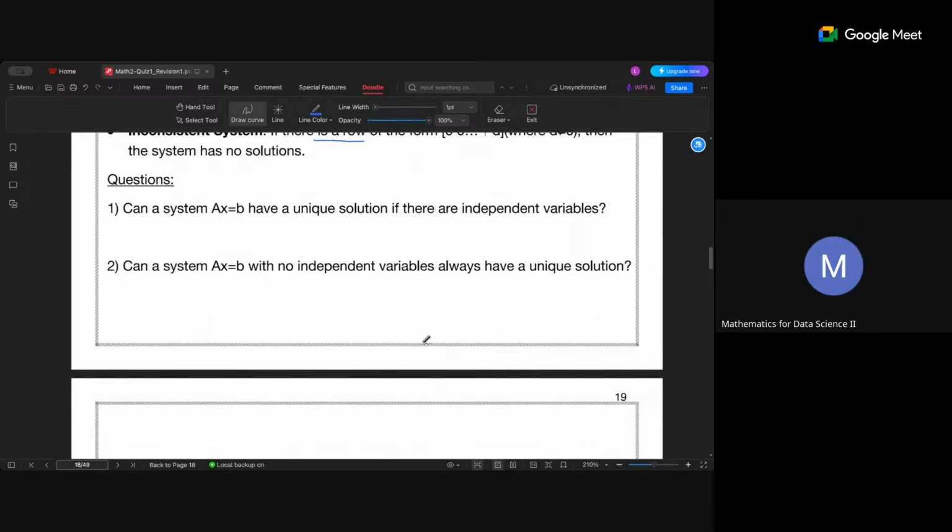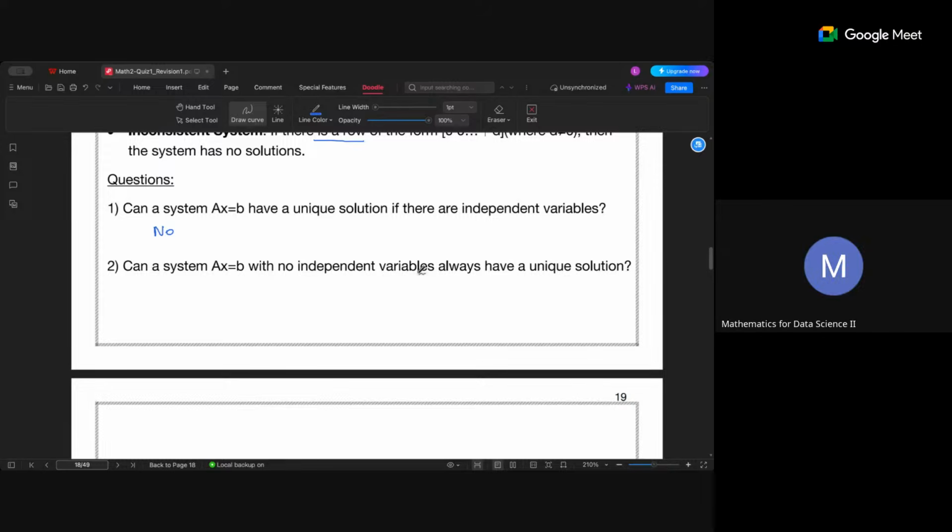Okay, so here, can a system Ax equal to B have a unique solution if there are independent variables? No. Can a system Ax equal to B with no independent variables always have a unique solution? Ma'am, it can have no solution also.